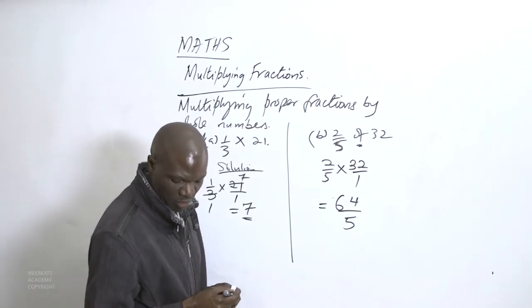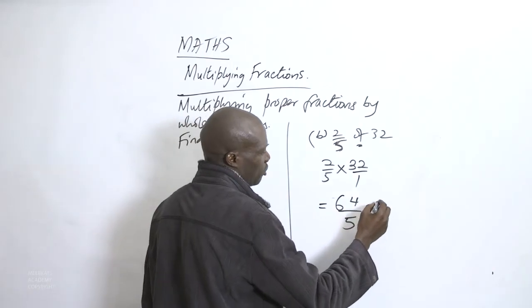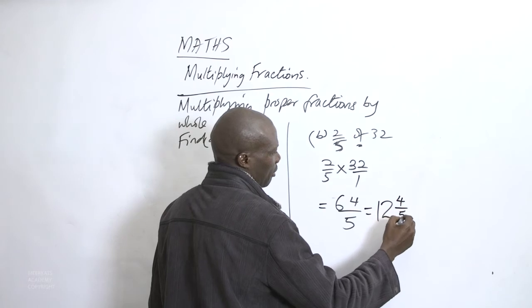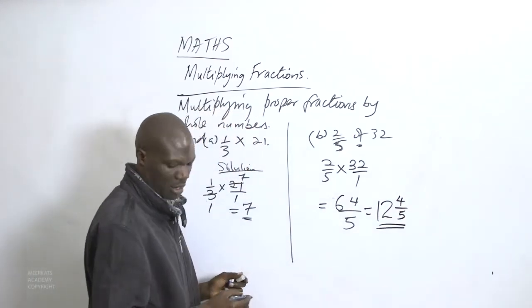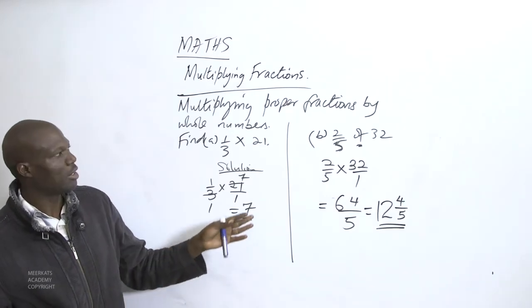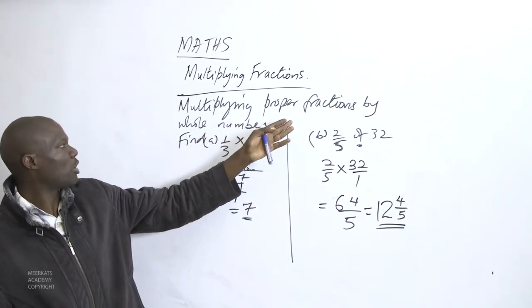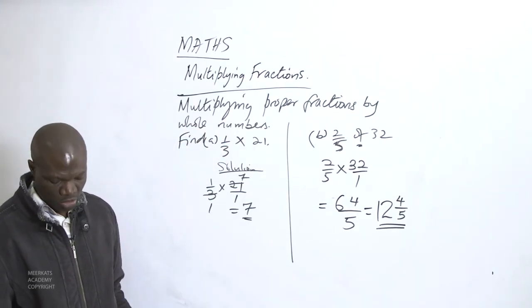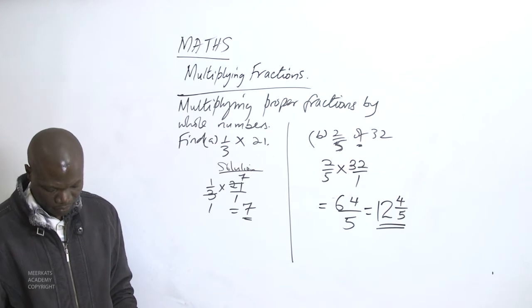So this is equivalent to 12, which gives us 60 and 4 over 5. 12 and 4 over 5. That is what we get in this particular case. Remember, we are looking at multiplying proper fractions by whole numbers. We should be able to handle it that way.